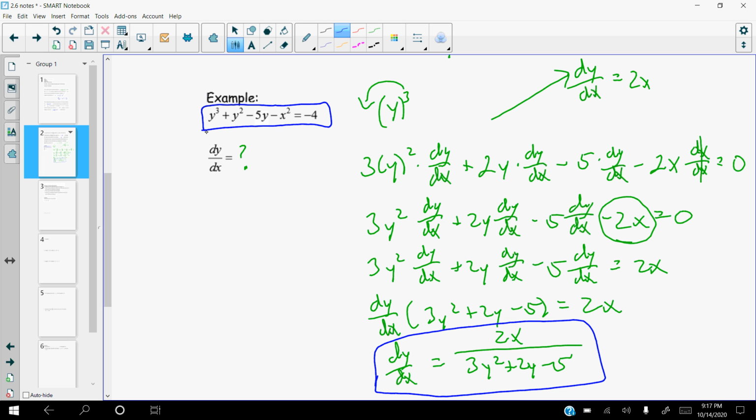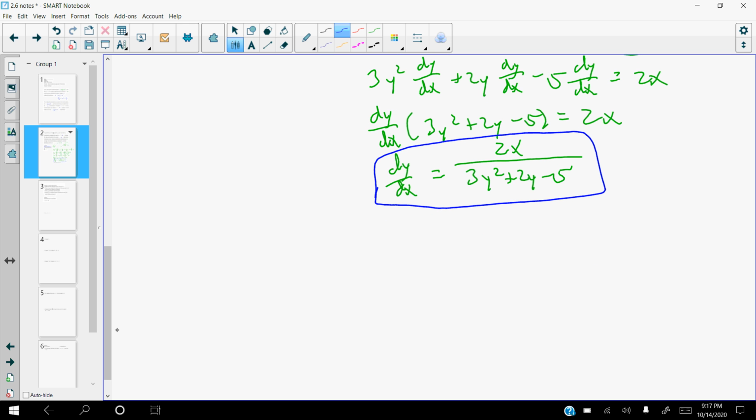Okay, and we'll actually look at an example, hopefully that will make that make sense. A lot of times when you have things like this, the original equation may not be a function. It's an equation, but it's not necessarily a function. All right, let's go ahead and move to the next page.